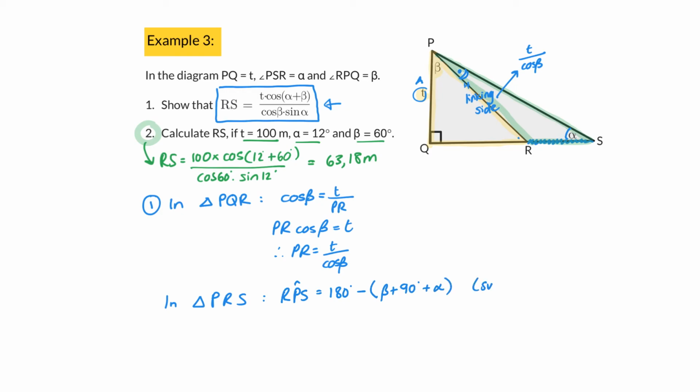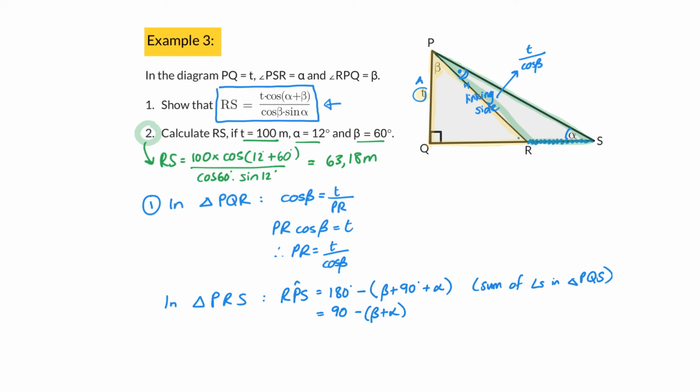Let's just give a reason here: sum of angles in triangle PQS. So that will simplify 180 minus 90 to be 90 minus, and let's keep it in this format so that if I want to use the reduction formula, I can. So that looks pretty good. Now I can use the sine rule.